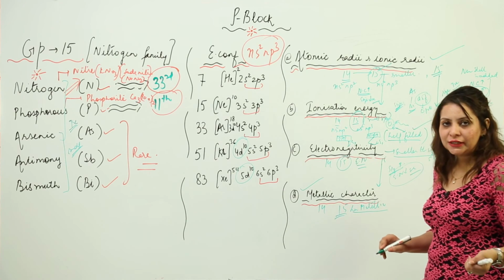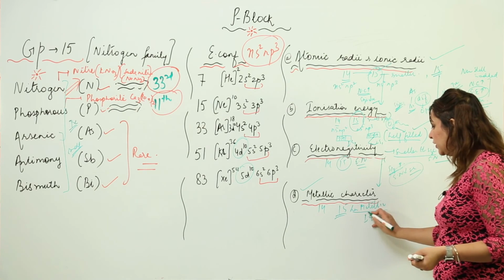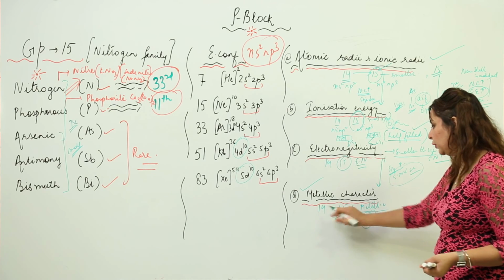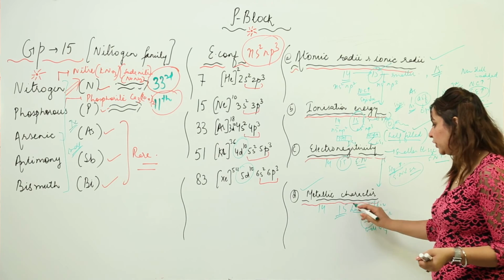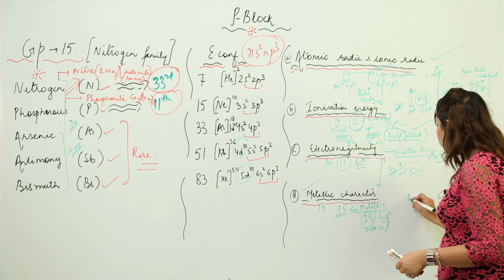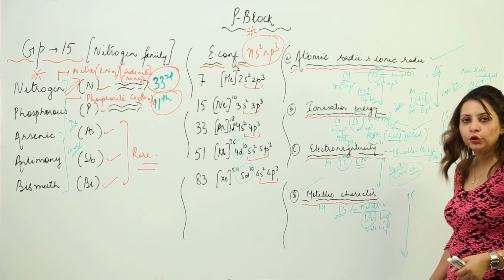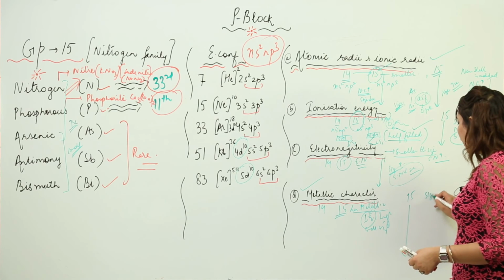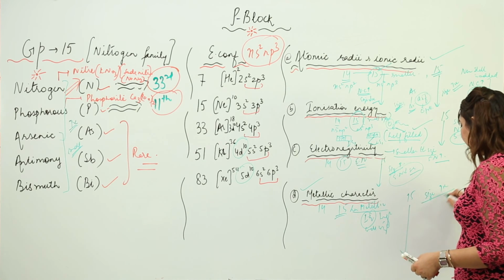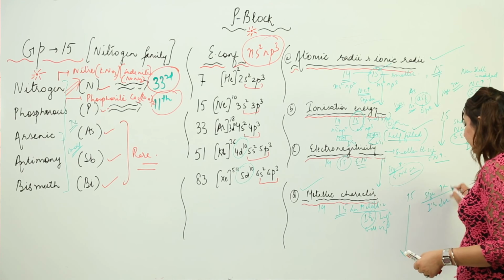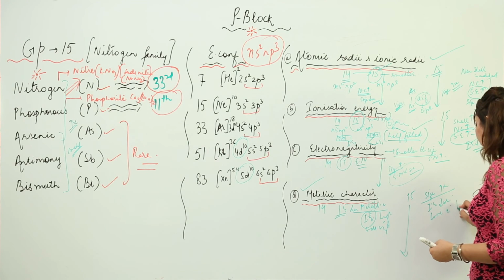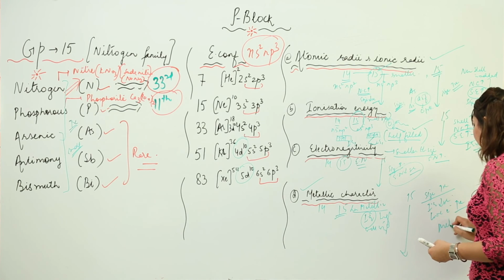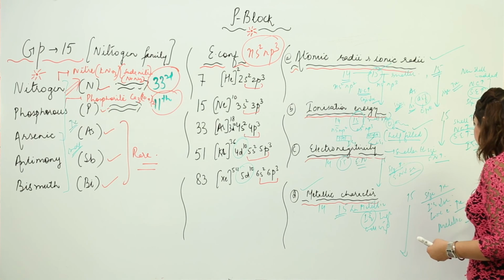Because they cannot lose electrons so easily, because their ionization energy is high because of their small size. But if we talk of elements within group 15, as we move down, size is increasing, ionization energy is decreasing. That means the tendency to lose electrons is increasing. Therefore, we say metallic character increases down the group.